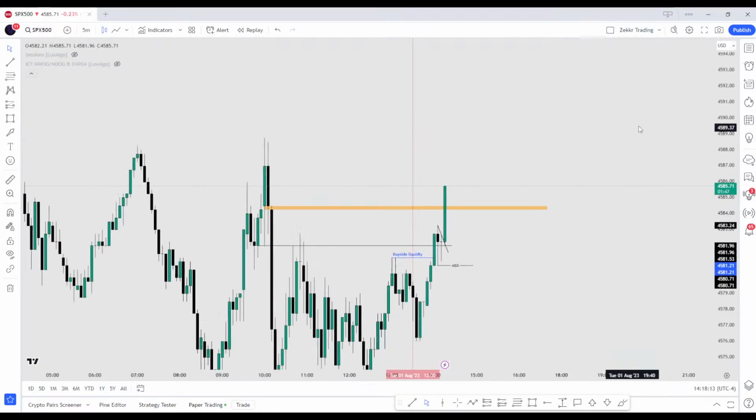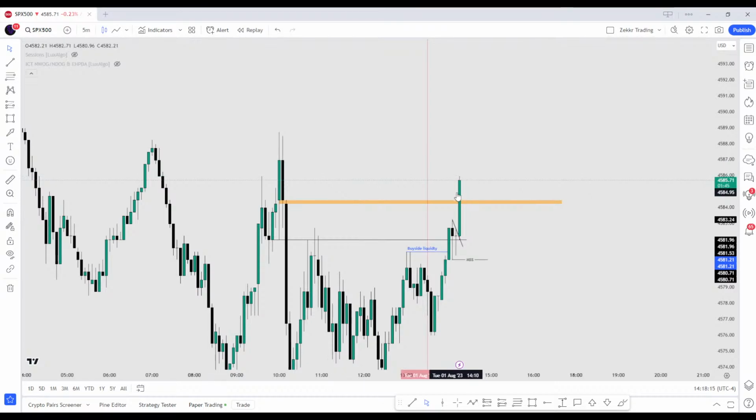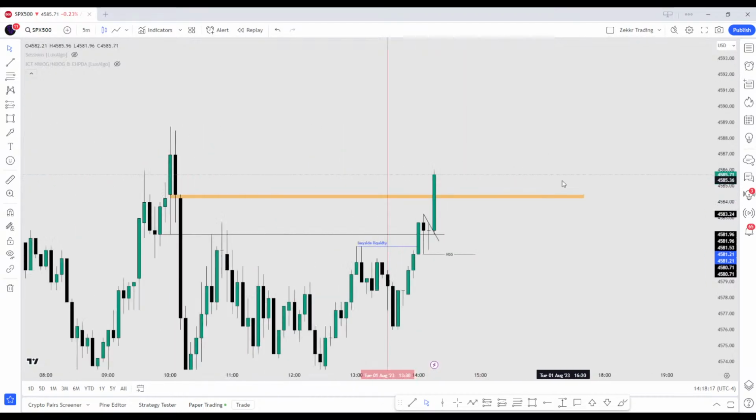Okay. So as I said about the big candles, I don't want to really see that. So maybe we can retrace back.